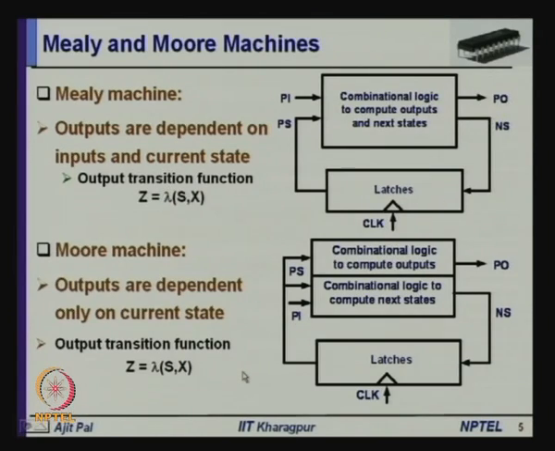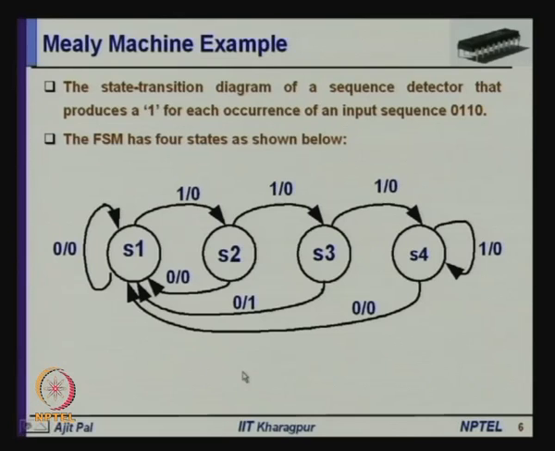Now, let me give an example to crystallize the idea of Mealy machine. Here the state transition diagram of a sequence detector that produces 1 for each occurrence of an input sequence 0, 1, 1, 0 is shown. A sequence detector forms the simplest example of controllers.